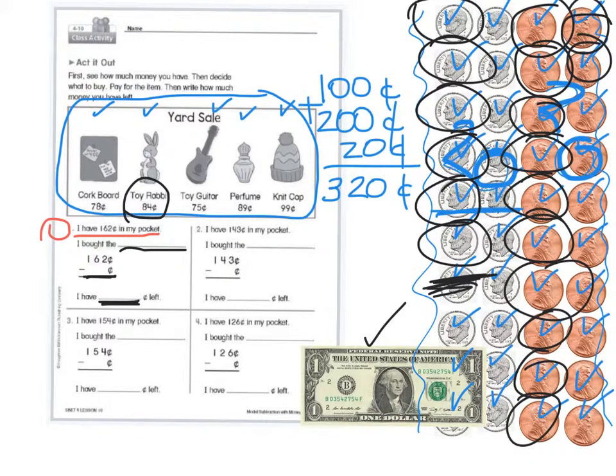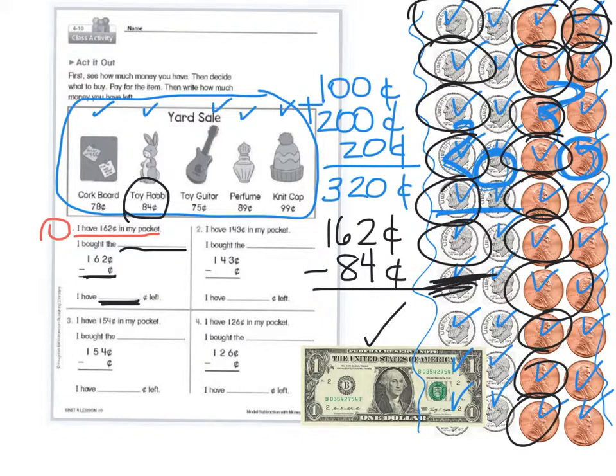So for the first one, for instance, if I bought the toy rabbit for 84 cents, I would have to take my 162 cents minus my rabbit amount of 84 cents, and I would do that subtraction problem to find if I have the right amount of money left that I thought I had left. So that's just checking your counting and making sure that you counted up the right amount of money you have left. So you're going to take turns being the customer and the banker.